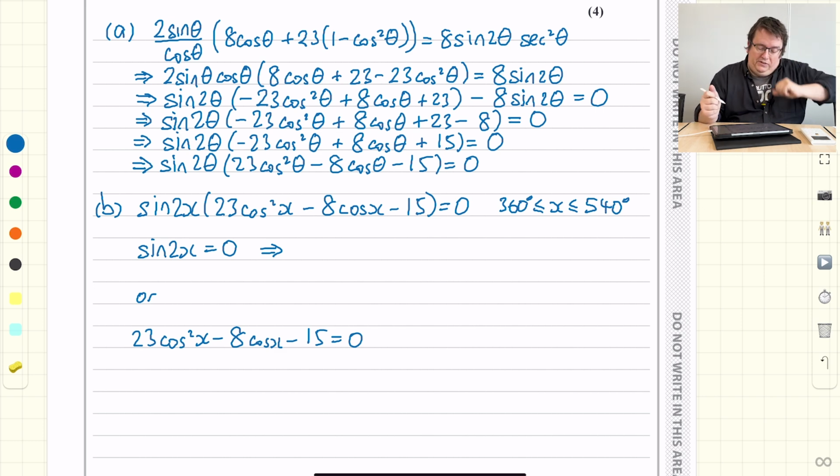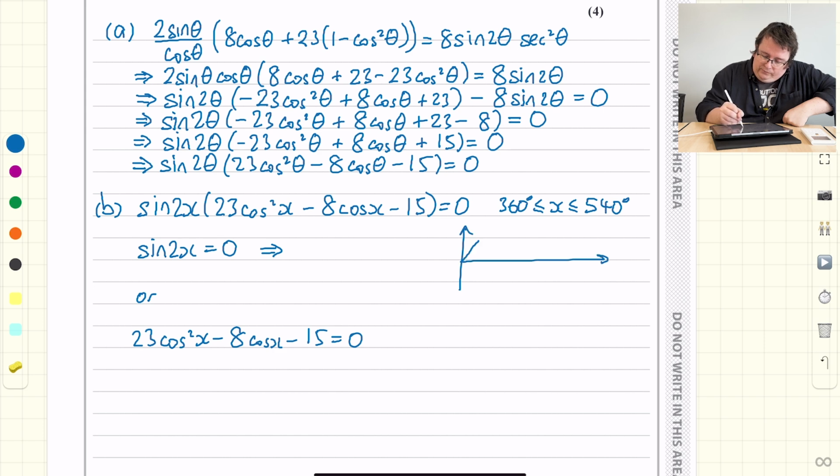Okay, so sine 2x. Now, sine x has solutions 0, 180, 360.